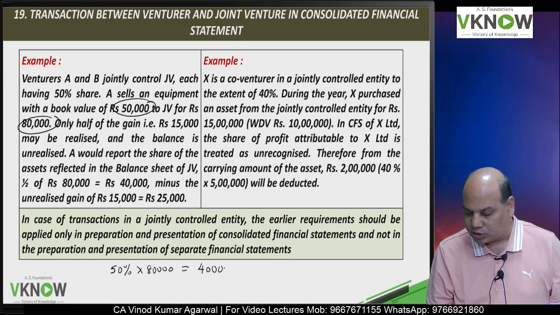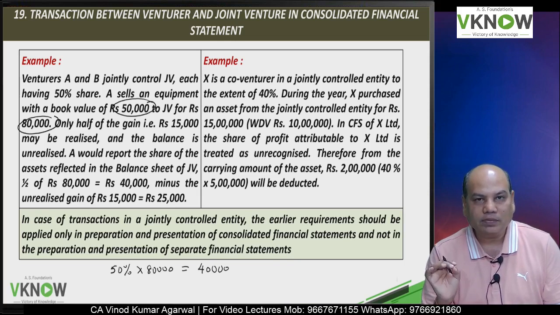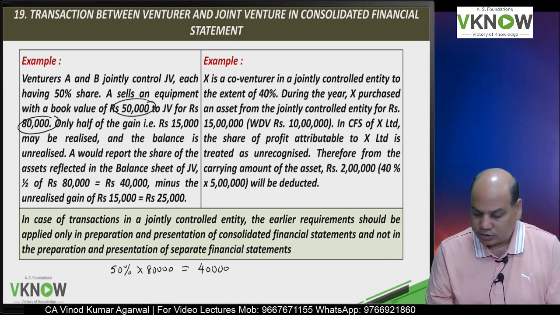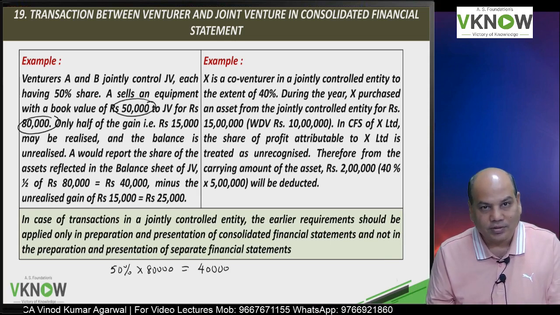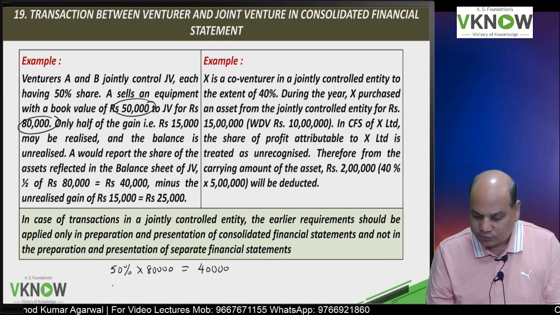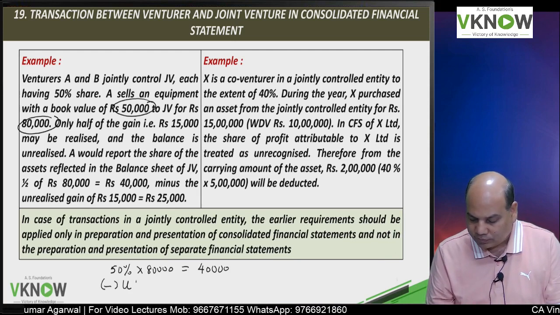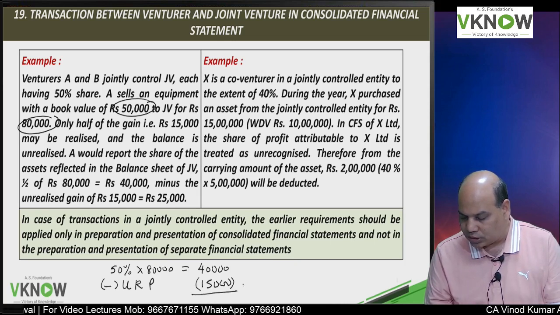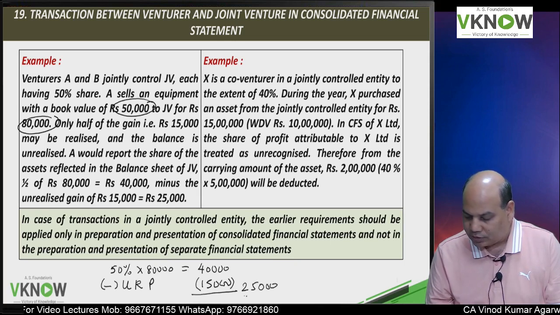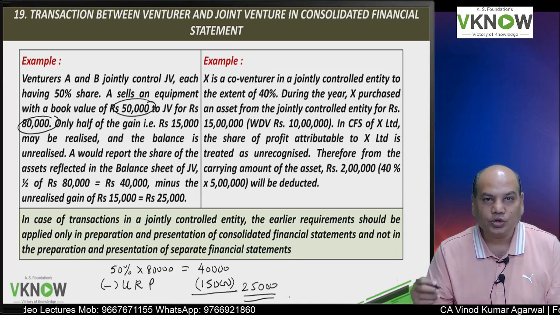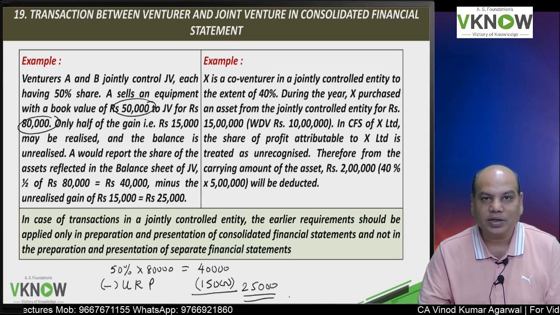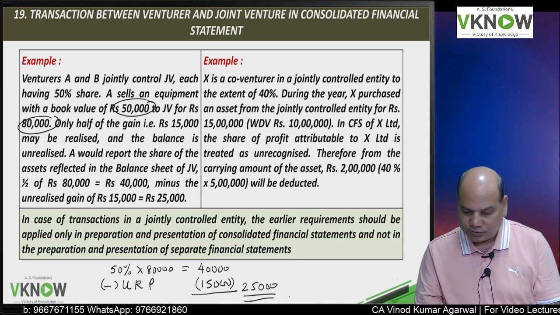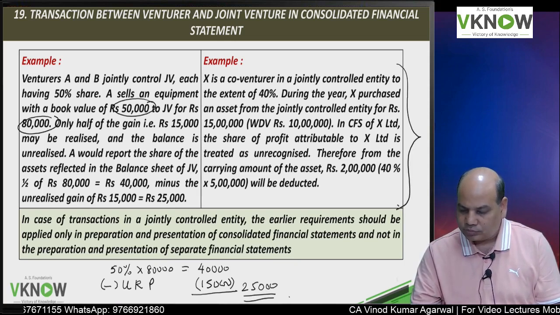In proportionate consolidation method, we record our share in the asset and liabilities of joint venture. So we will record the same asset again while doing proportionate consolidation: 40,000 minus unrealized profit 15,000. So the answer is the asset will appear in our consolidated financial statement at rupees 25,000. Same thing here also.